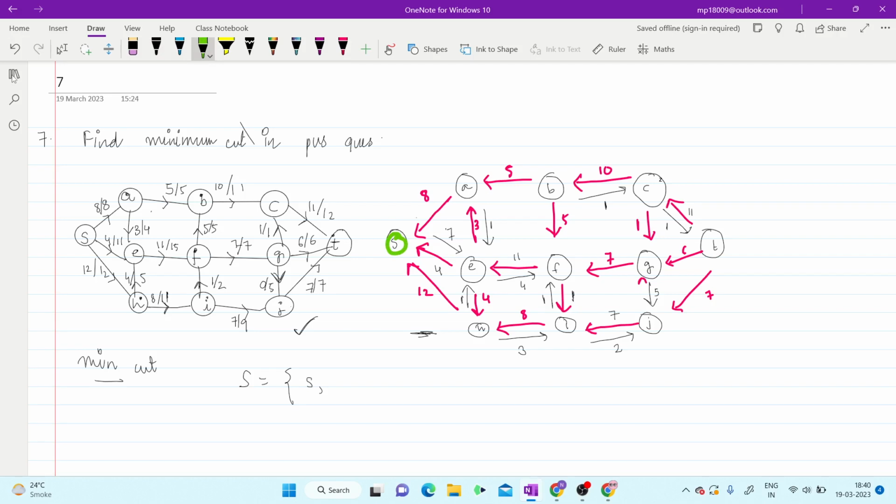Yes, this is a path, S to E to A. It is not necessary that a path should have all forward edges or all backward edges. So since we have a path from S to A, A will be there.